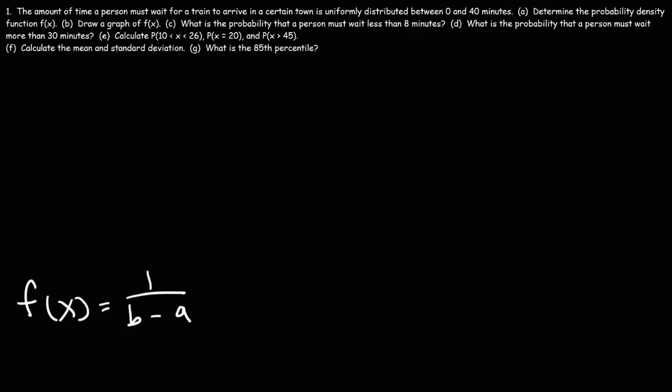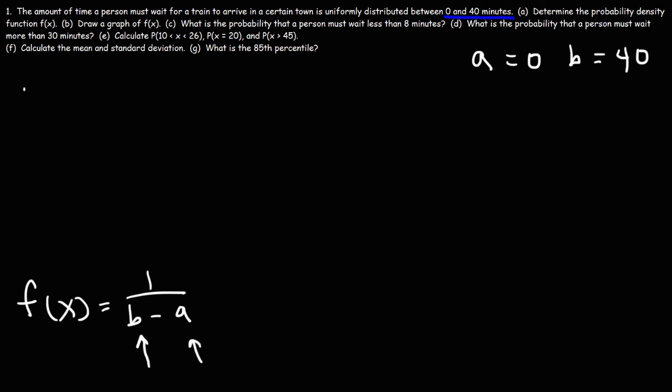Now, in order to finish part A, we need to determine what the values for a and b are in this example. So we were told that the time that the person must wait for the train to arrive in a certain town is going to be between 0 and 40 minutes. So a is the minimum value. a is 0. b is the maximum value, which is 40.